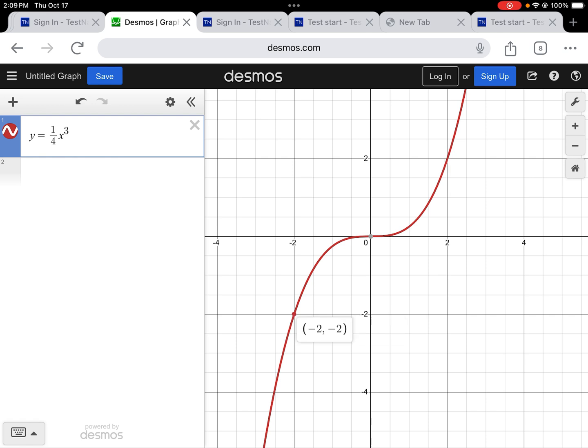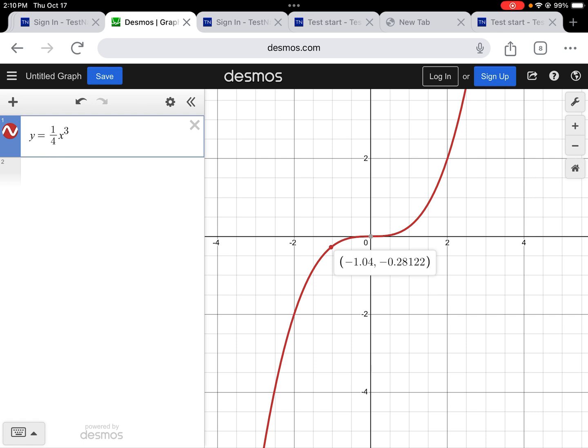This right here is the ordered pair negative 2, negative 2. This right here is the ordered pair 1, 0.25. So I should have a negative 1, negative 0.25.